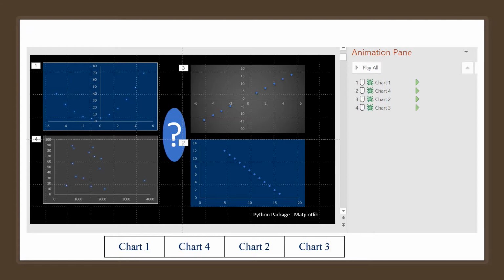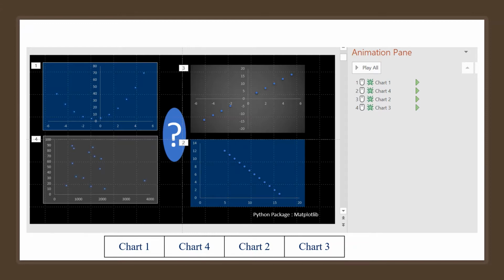I have 4 charts ordered as chart 1 first, then chart 2, chart 3 and chart 4. The order in which I want them to appear is, I want chart 1 to appear first, chart 4, which is in the lower right corner, to appear second, chart 2, which is in the upper right corner, to appear third, and chart 3, which is in the lower left corner, to appear last.